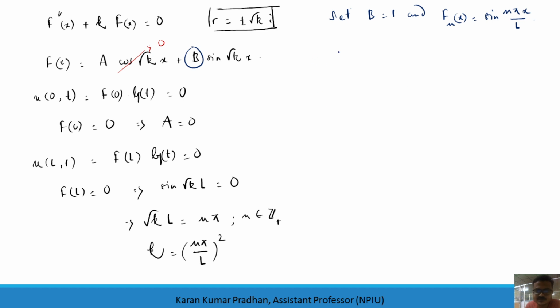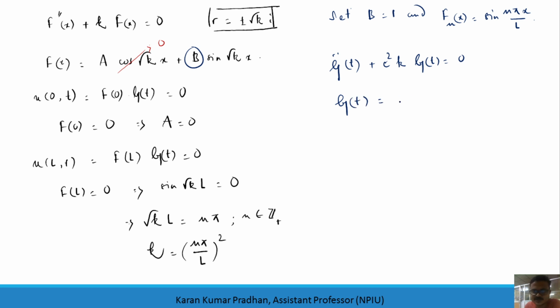Now to the second ordinary differential equation we have, which is just g double dash t plus c squared k g of t equals to 0. You can find it in the previous page I have written. So I am skipping one step, which is finding the auxiliary equation.